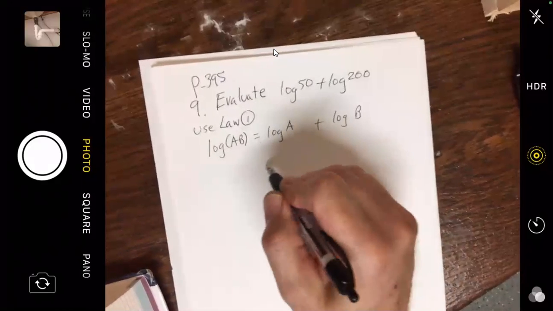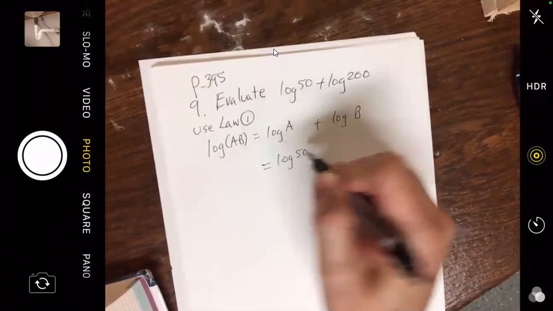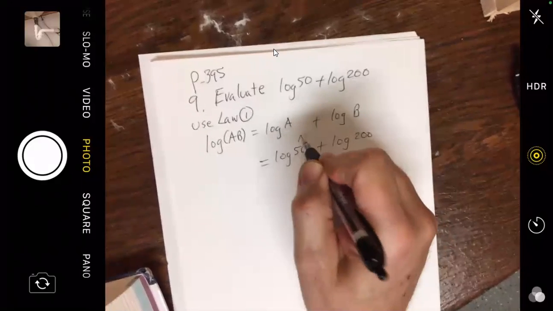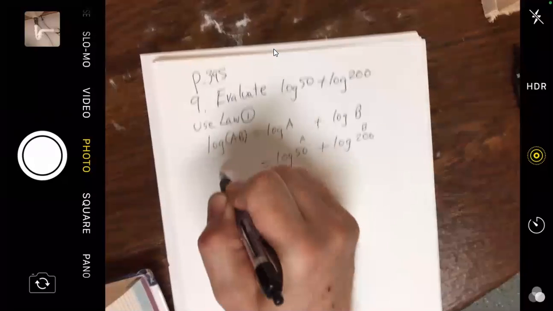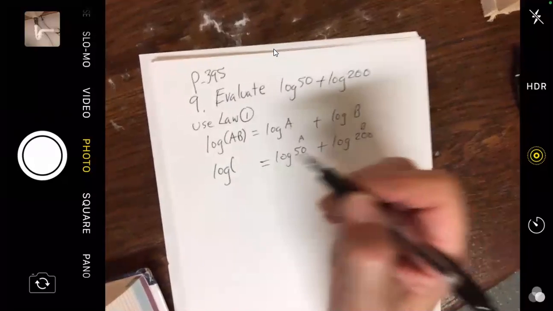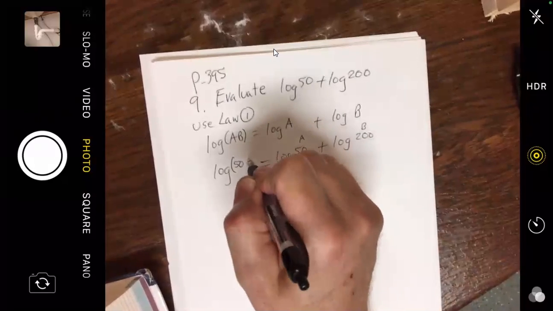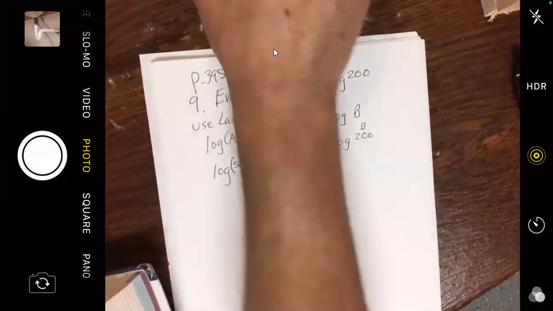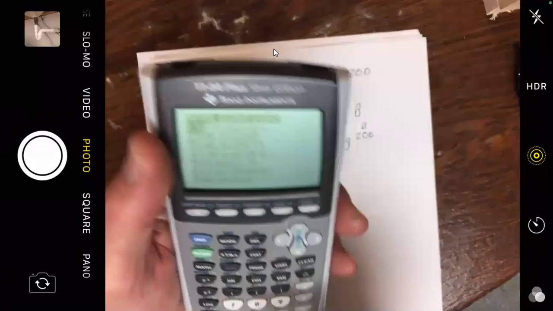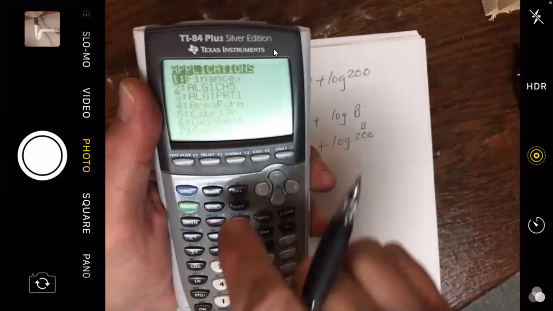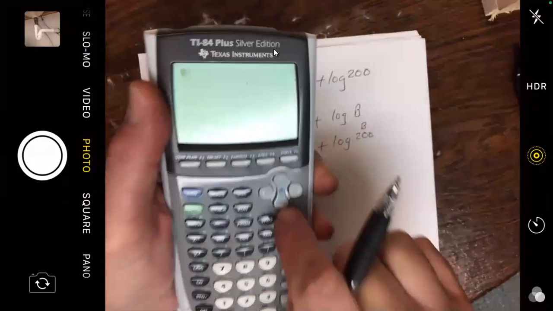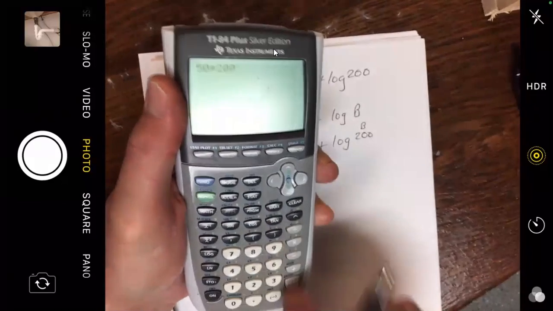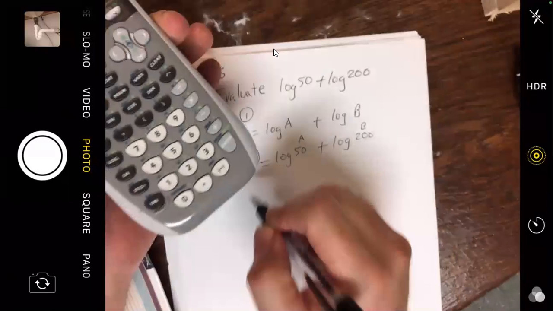If I have a log of 50 here, add a log of 200, this is my A, this is my B. On this side, I can write it as a product, log of 50 times 200. I don't exactly know what 50 times 200 is. Probably should, but I don't. 50 times 200 is 10,000.